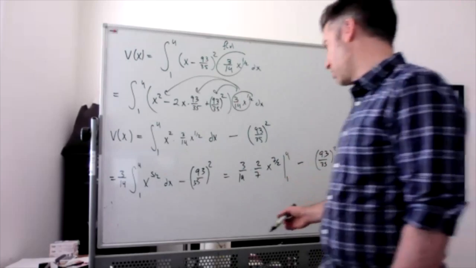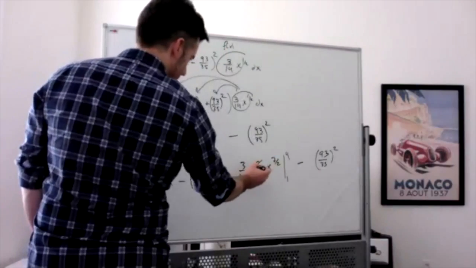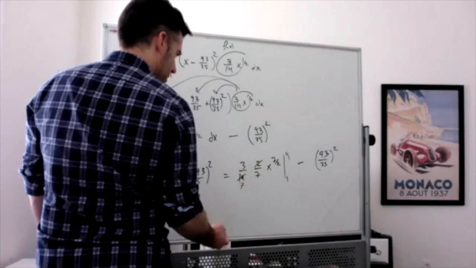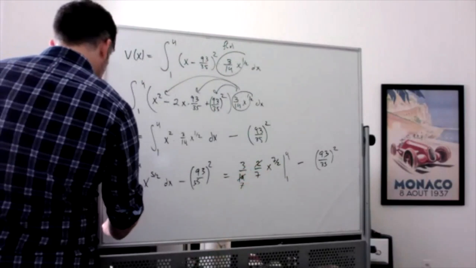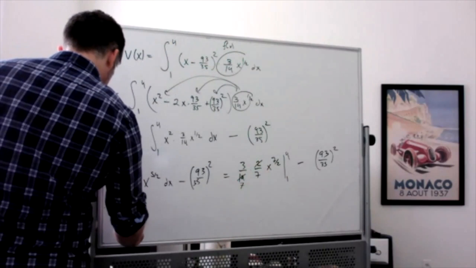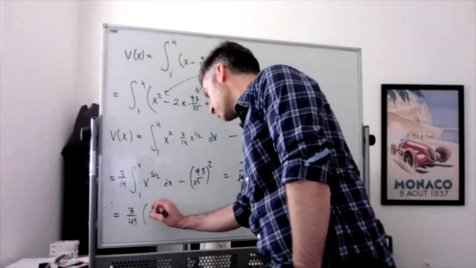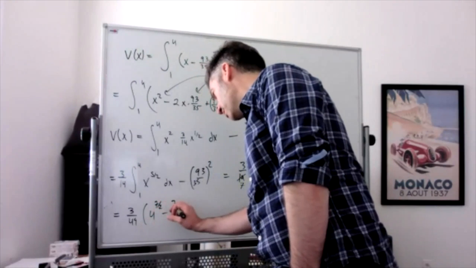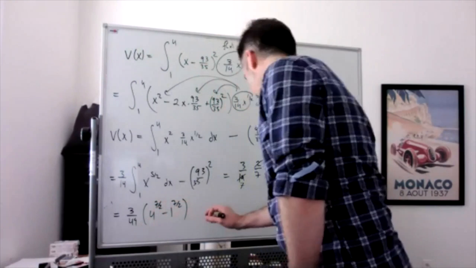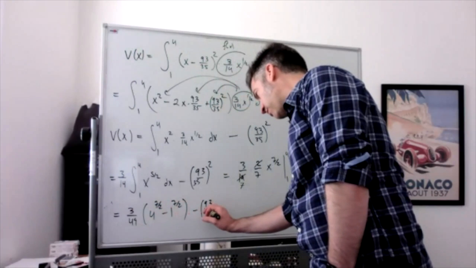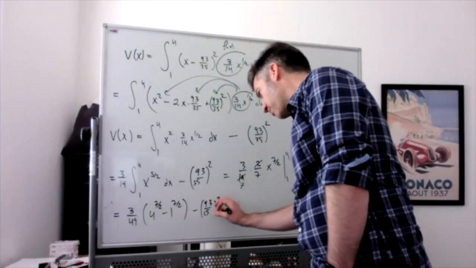And then plugging in, let's actually cancel. The 2 and the 2 cancel there. So you're left with 3/49, and then we have 4 to the 7/2 minus 1 to the 7/2 minus this 93/35 squared.